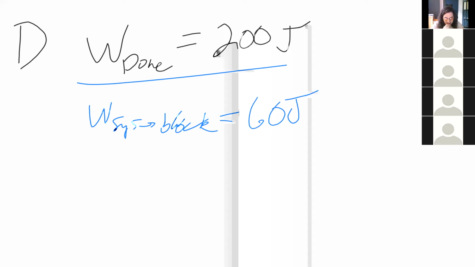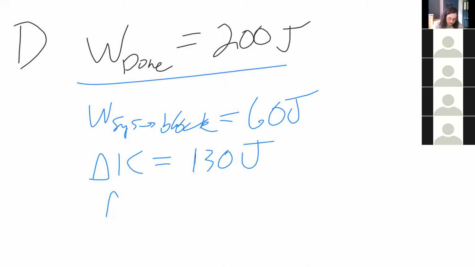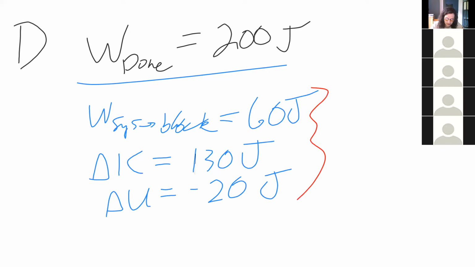And then they say that the kinetic energy increases, so there's a delta K of 130 joules. And then they say that the gravitational potential energy decreases by 20, so delta U is minus 20 joules. And the problem asks us what the change in the thermal energy is.